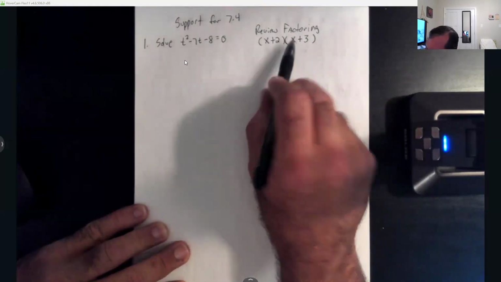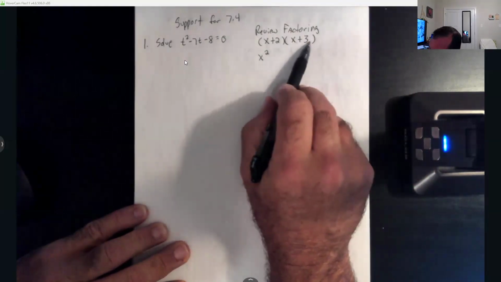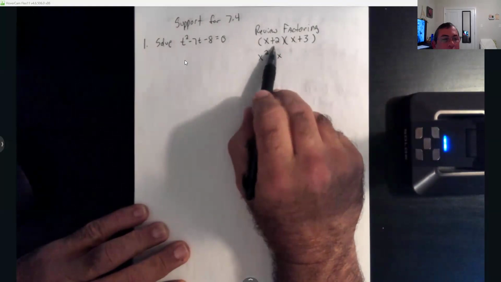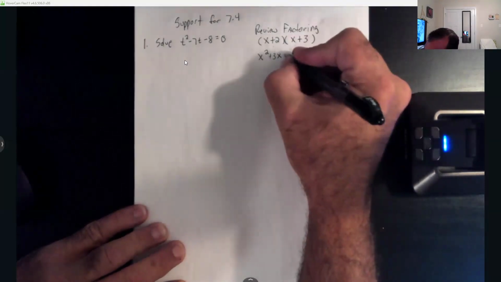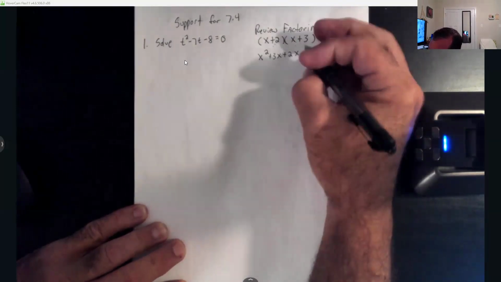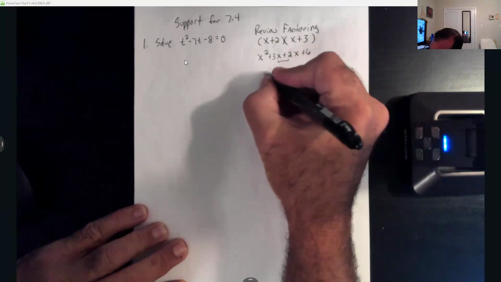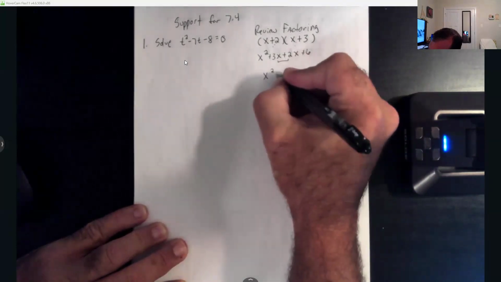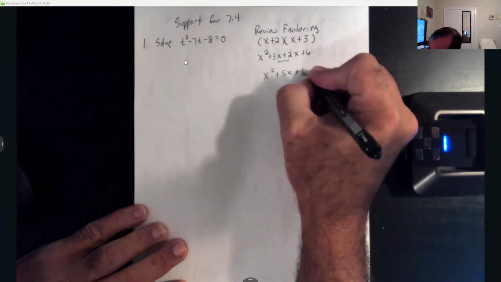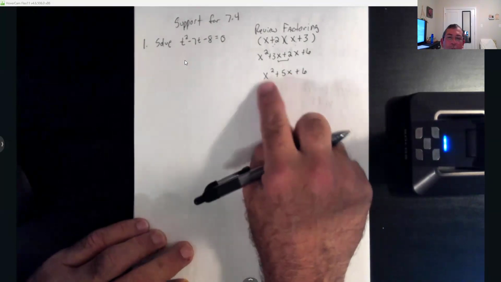This would be x times x, which is x squared. x times 3 would be 3x. 2 times x would be 2x. And then 2 times 3 would be 6. And then let's add like terms, and we get x squared plus 5x plus 6. So we did that in section 2.4.